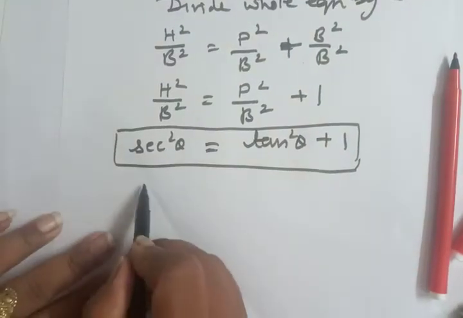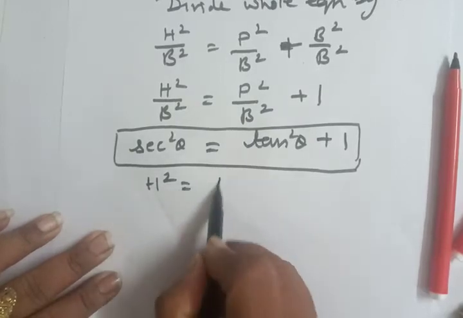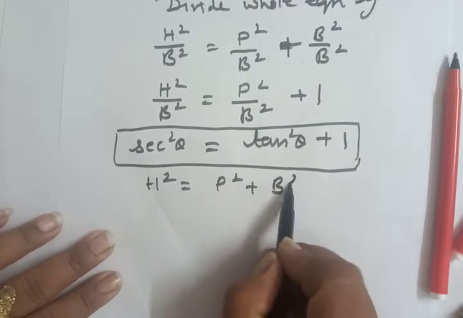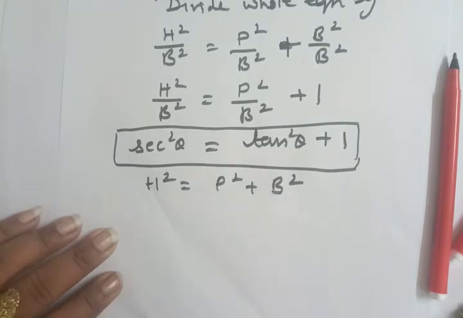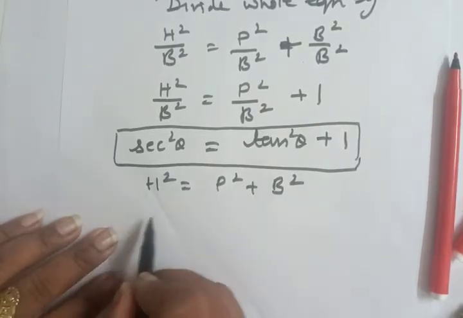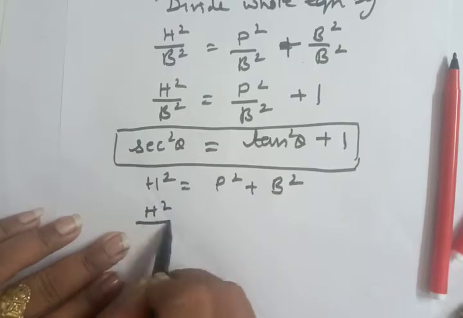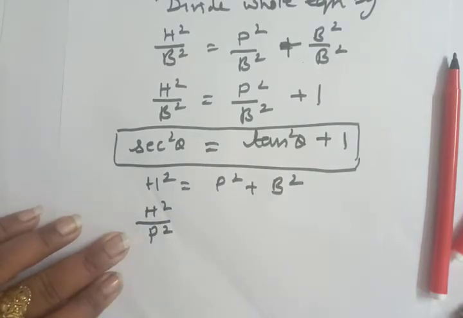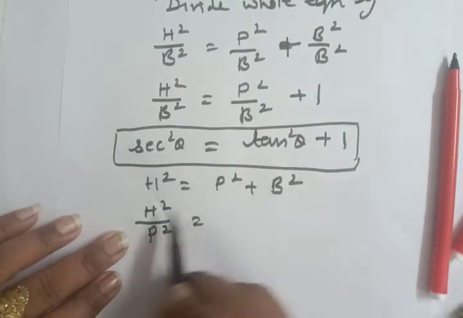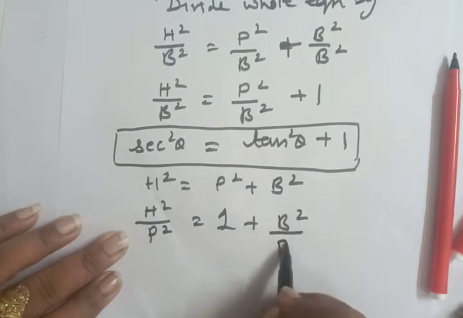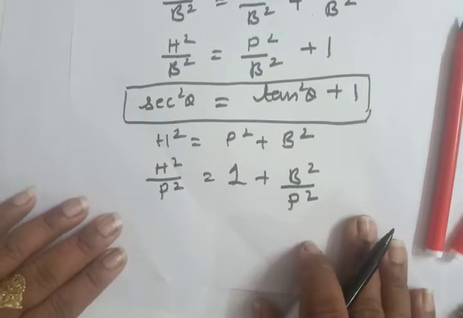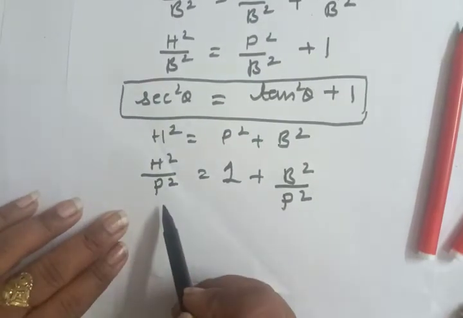Now again we are going to write the Pythagoras theorem. This time we are going to divide the whole equation by perpendicular square. Now I am not writing, I am directly dividing it. Hypotenuse square upon perpendicular square is equal to, when we divide by perpendicular square, it will become 1 plus base square upon perpendicular square. So just recall what hypotenuse upon perpendicular is.